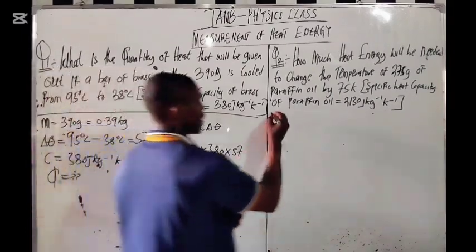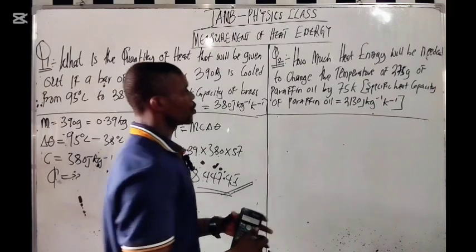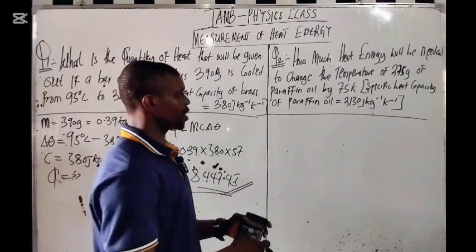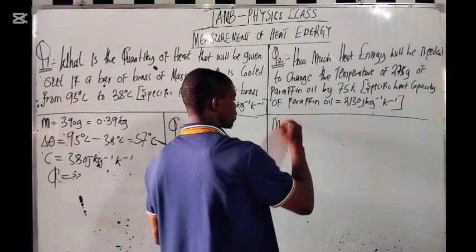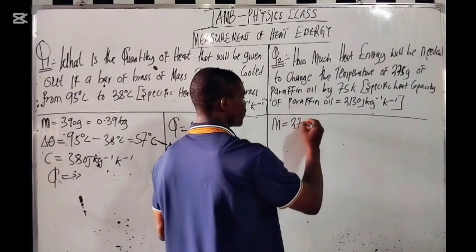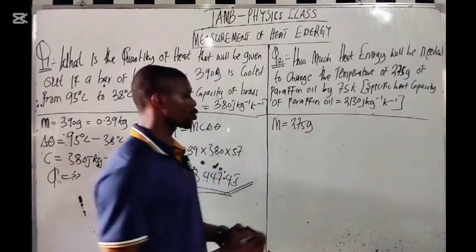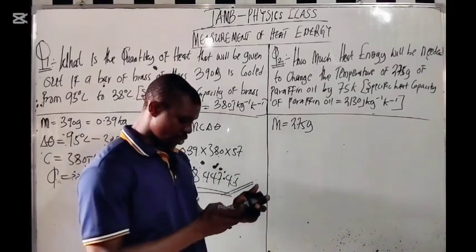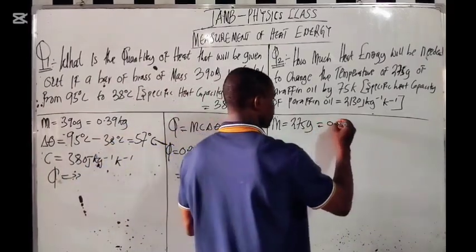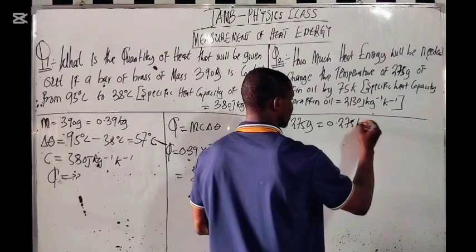Now the same thing I'm going to do here. How much heat energy will be needed to change the temperature of a mass of 275 gram? You have to convert to kilogram by dividing by 1000, which is going to be 0.275 kg.